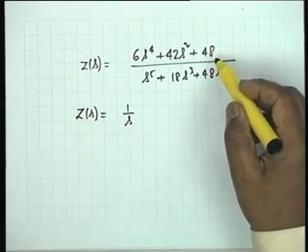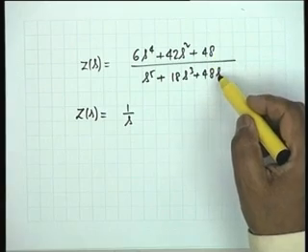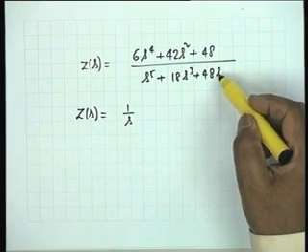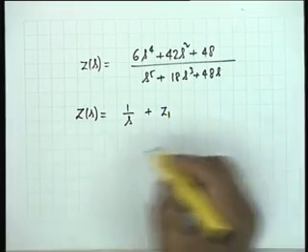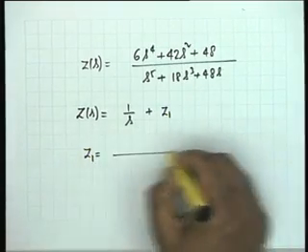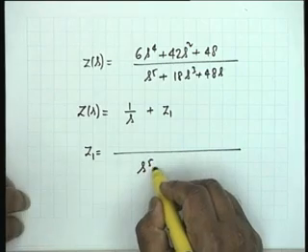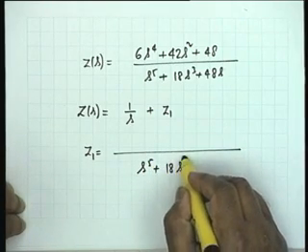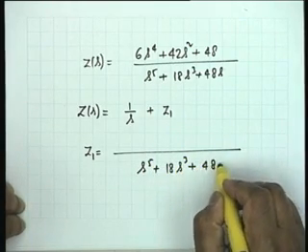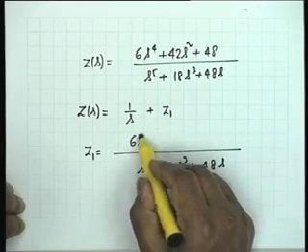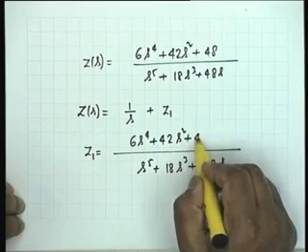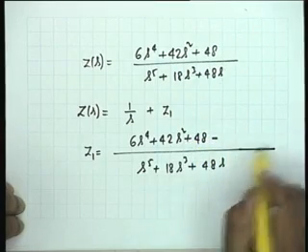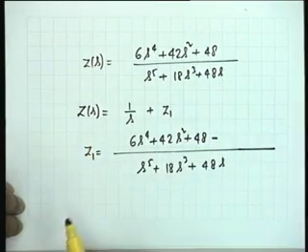Pole at the origin, that is, if you put S equal to 0, 48 by 48 S. So the residue is obvious, plus some impedance Z1, and you can see that Z1 is Z minus 1 over S.